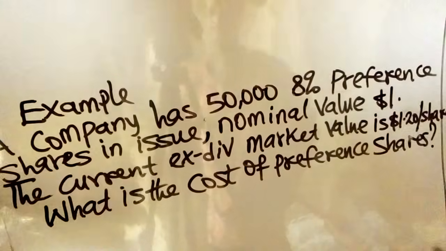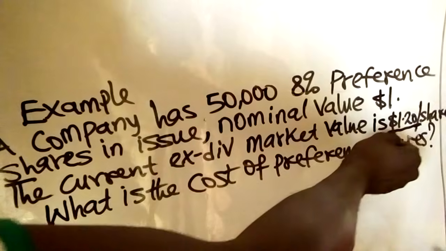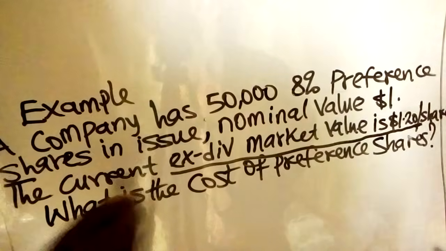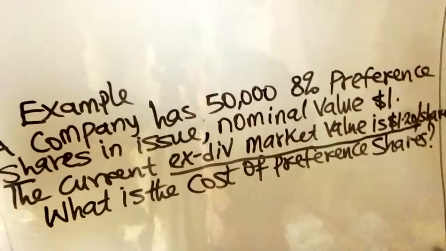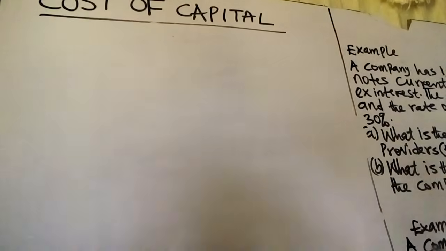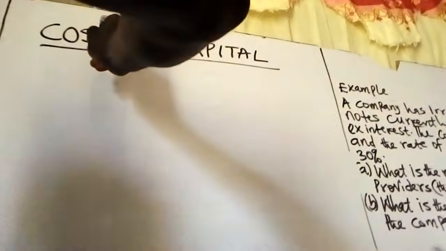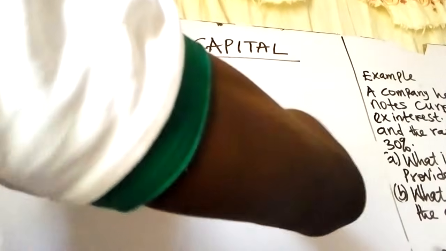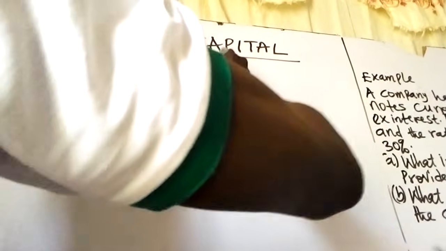You have been told that the market value of 1.20 is ex-div, and I've told you that the market value must be ex-div. So we have cost of preference share equal to dividend over market value of preference shares times 100.